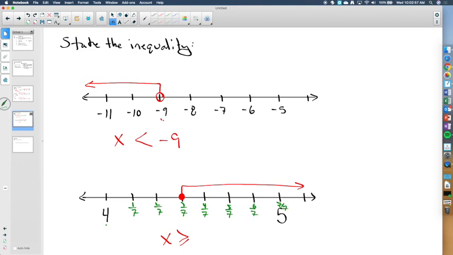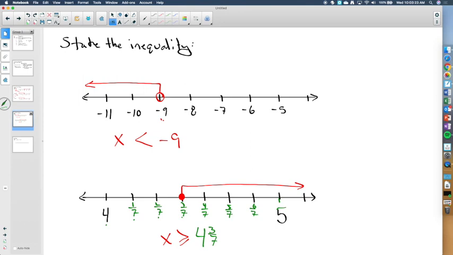Now it is possible to combine inequalities. So this statement says I'm looking for anything where -3 is less than or equal to x and x is also less than 2. So -3 is less than or equal to x, which is less than 2.